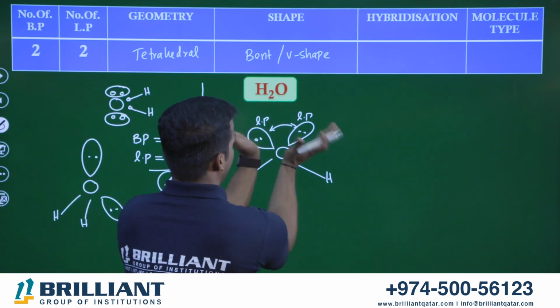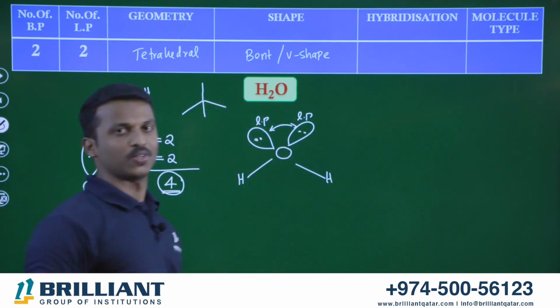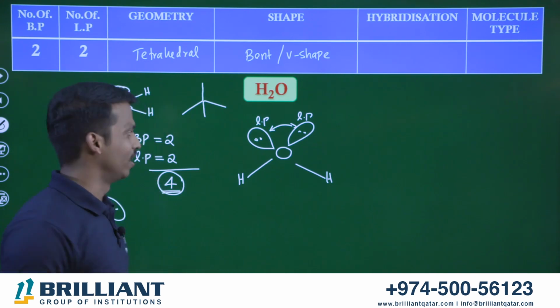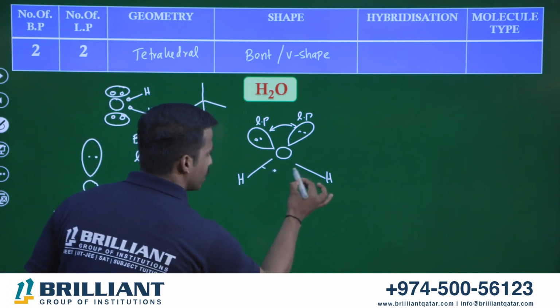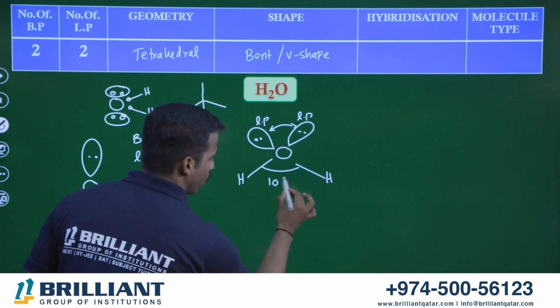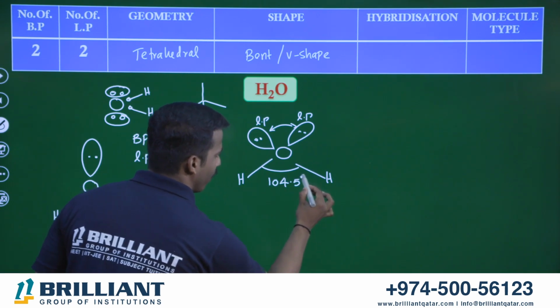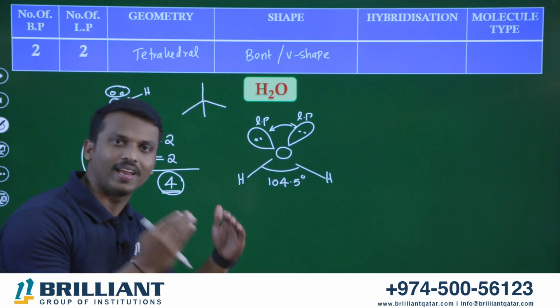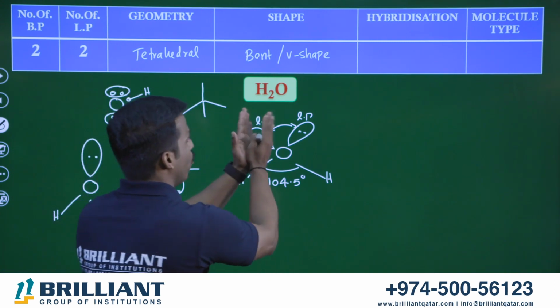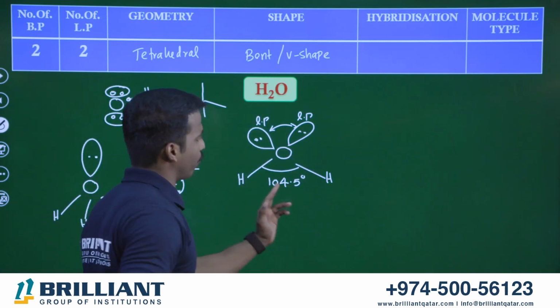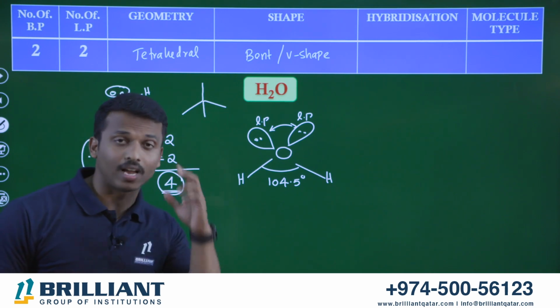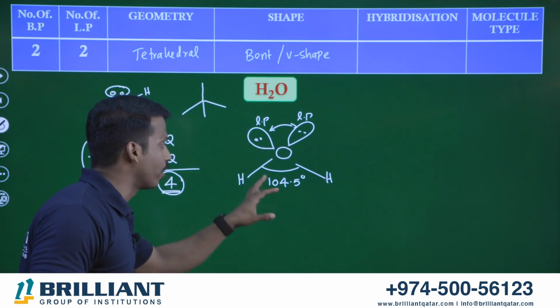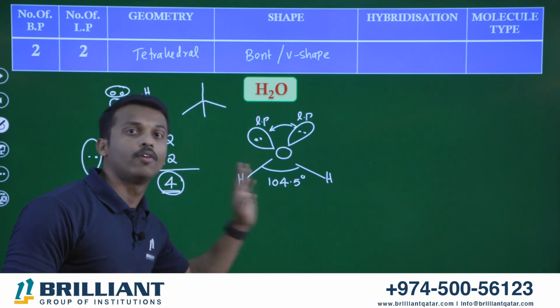When they repel greatly, the bonds come closer. And just note it, what is the bond angle in water? That's around 104.5 degrees. See, the bond angle is reducing again, because there is more repulsion. This is experimental data. Remember, the water bond angle is 104.5 degrees.